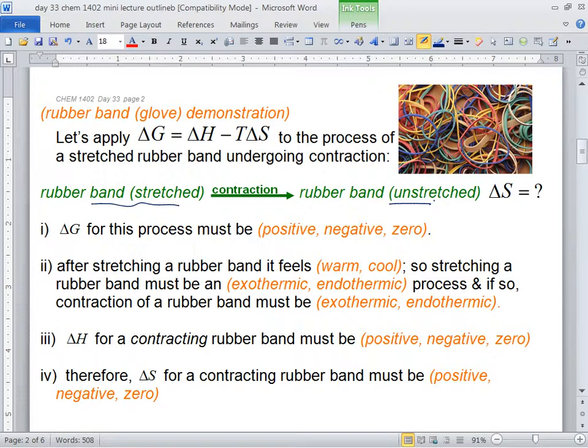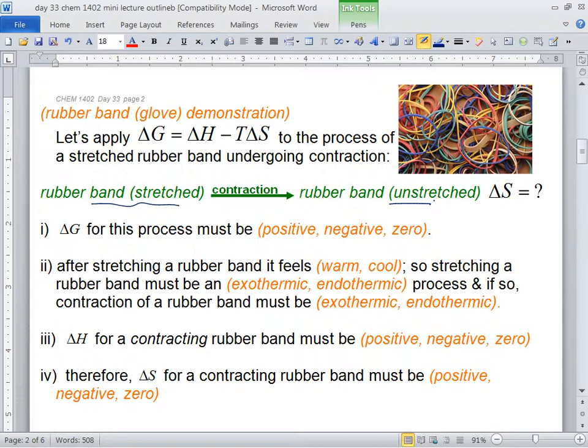So don't stretch yours yet, because you're going to need it. But here's the reaction, right? This goes to that. So is this process, Audrey, delta G for this process must be what? Positive, negative, or 0? There's only one question you should ask yourself.